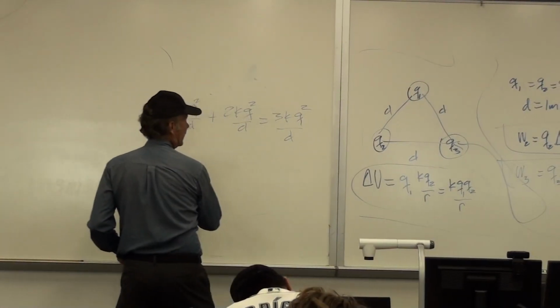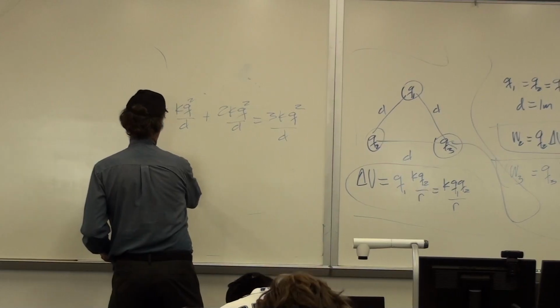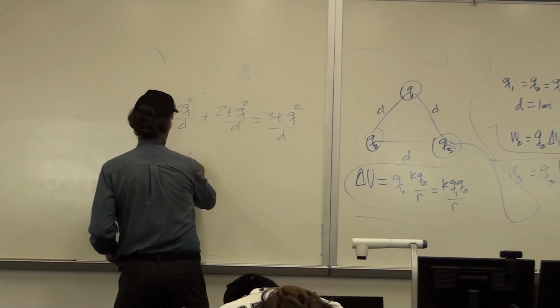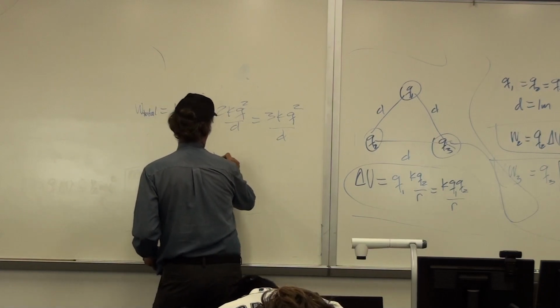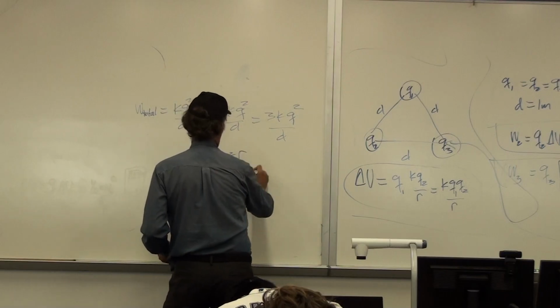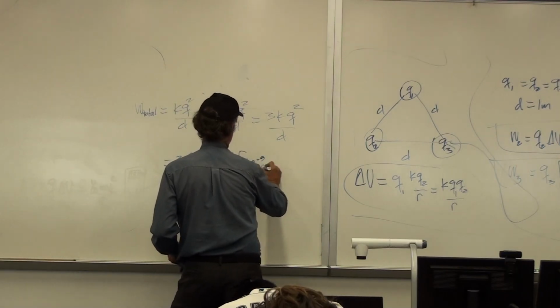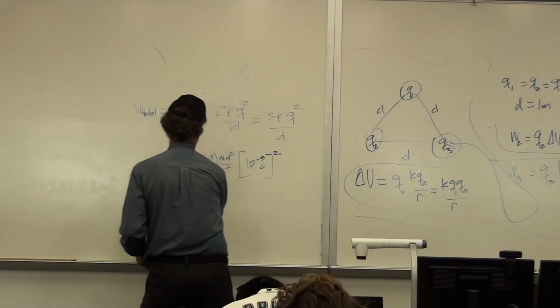And so the total work then is going to be 3 times 9 times 10 to the 9 Newton meter squared per coulomb squared times 10 to the minus 5 coulombs squared over 1 meter.